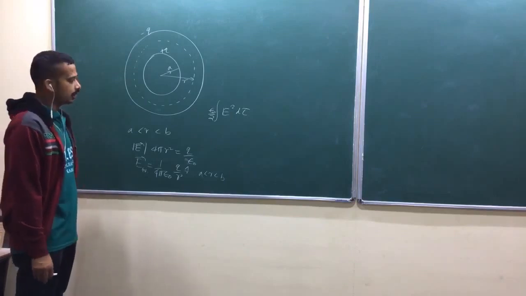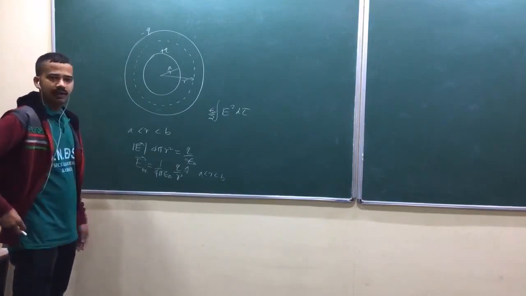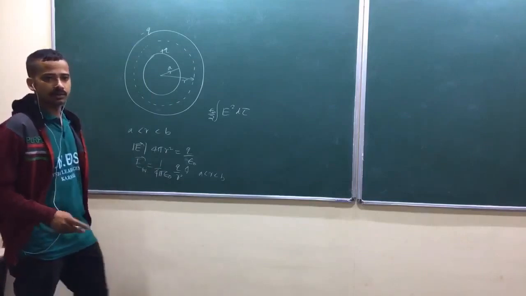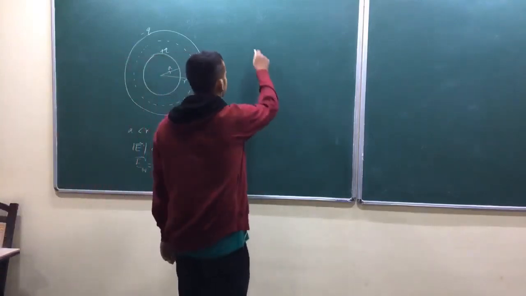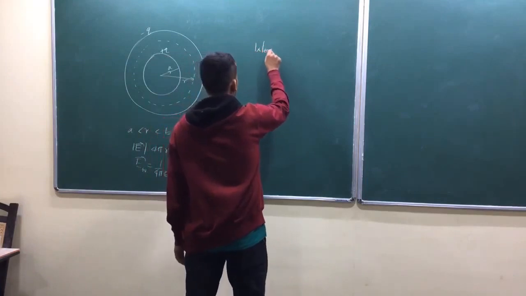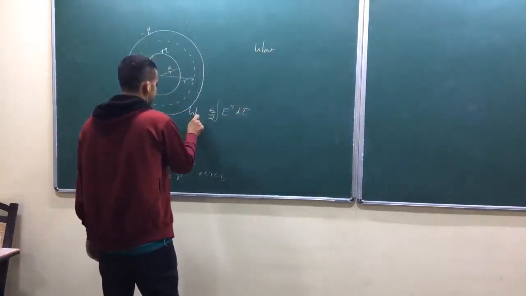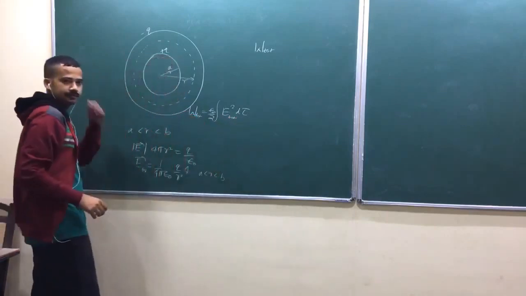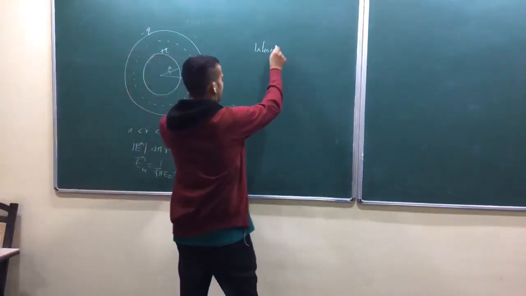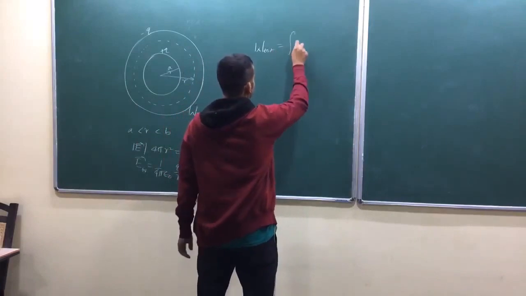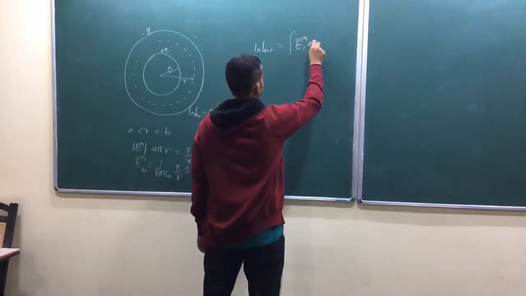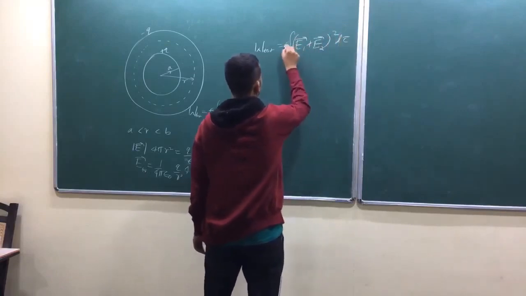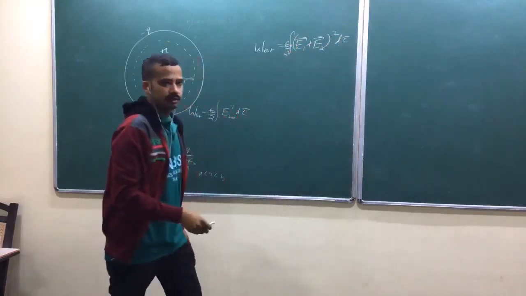But he is asking you to find it another way: finding the individual electric fields and using another formula. The total electrostatic energy, where I have taken the total electric field, is epsilon naught by 2 integral of (E1 plus E2, vector addition) whole square d tau.